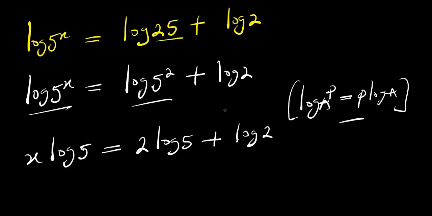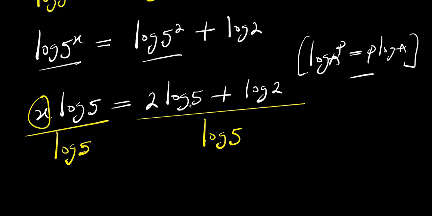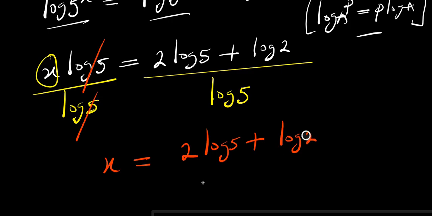So what we are going to do is to isolate x. We divide this by log 5 and we divide this by log 5. So from here, this cancels this. I have x equals (2 times log 5 plus log 2) divided by log 5.